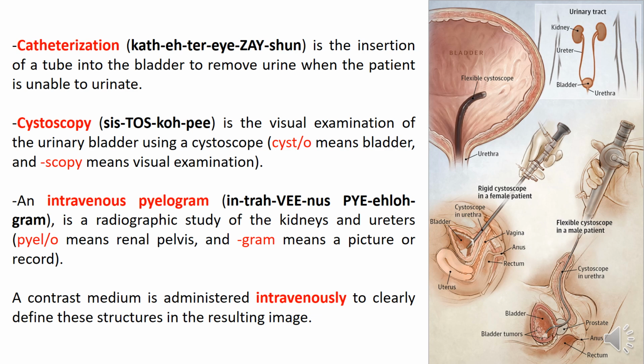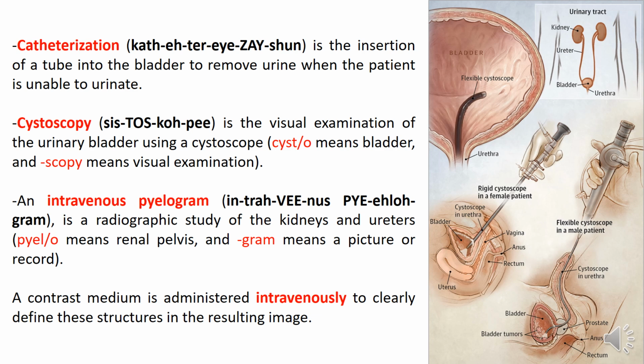Cystoscopy is the visual examination of the urinary bladder using a cystoscope. Cysto means urinary bladder. Scope means visual examination, so they use visual examination to see the interior parts of the urinary bladder.